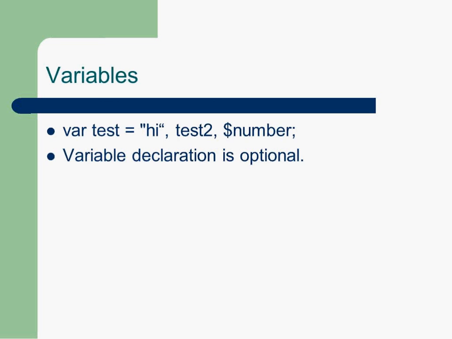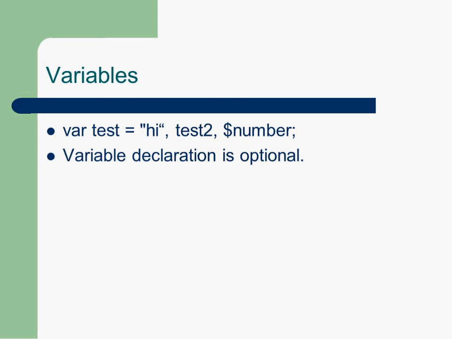One more thing I want to add: when you declare a variable with var outside a function, it happens in the global scope. If you define a variable inside a function and say var, it's a local variable. If you don't, it will take the global namespace.